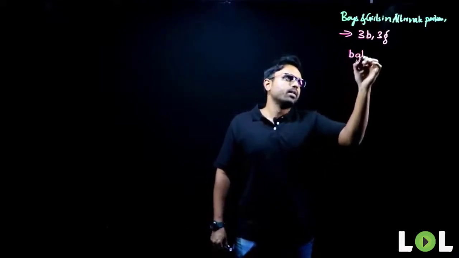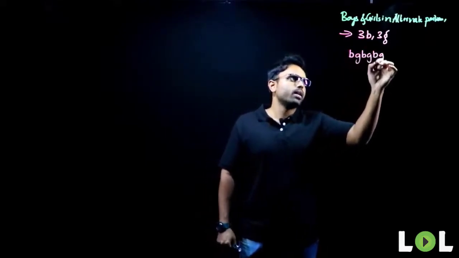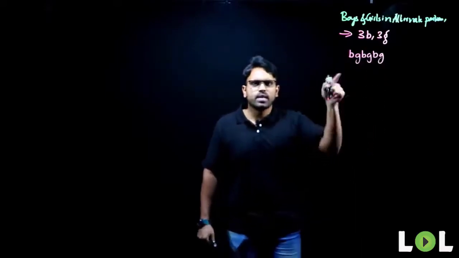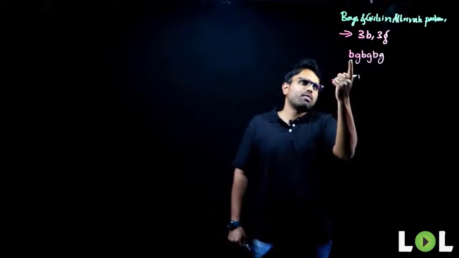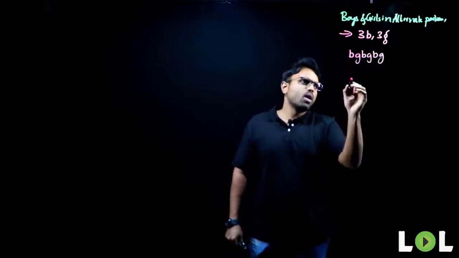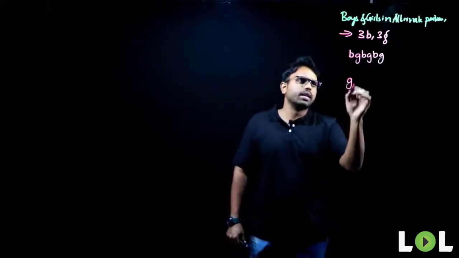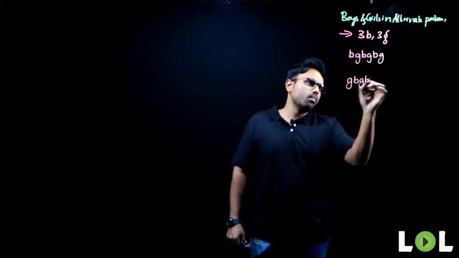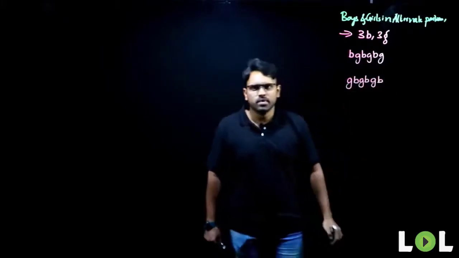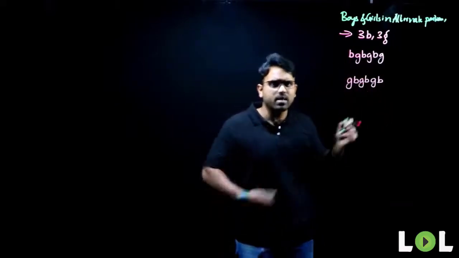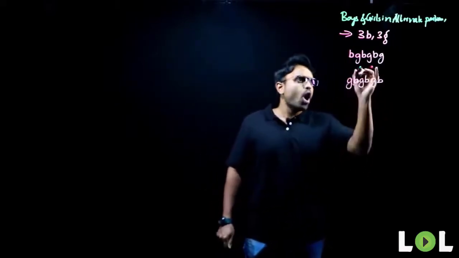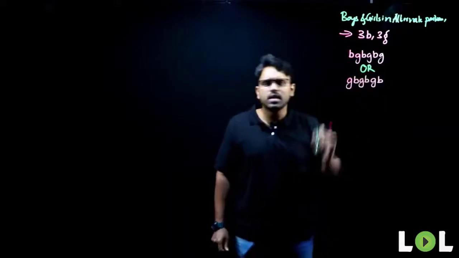Boy, girl, boy, girl, boy, girl. This is alternate. What is the other way you can write such that boy and girl are in alternate position? Now I started with a boy in the first place; now I can start with a girl. Girl, boy, girl, boy, girl, boy. So I can either start with a boy in the first place, or start with a girl in the first place.